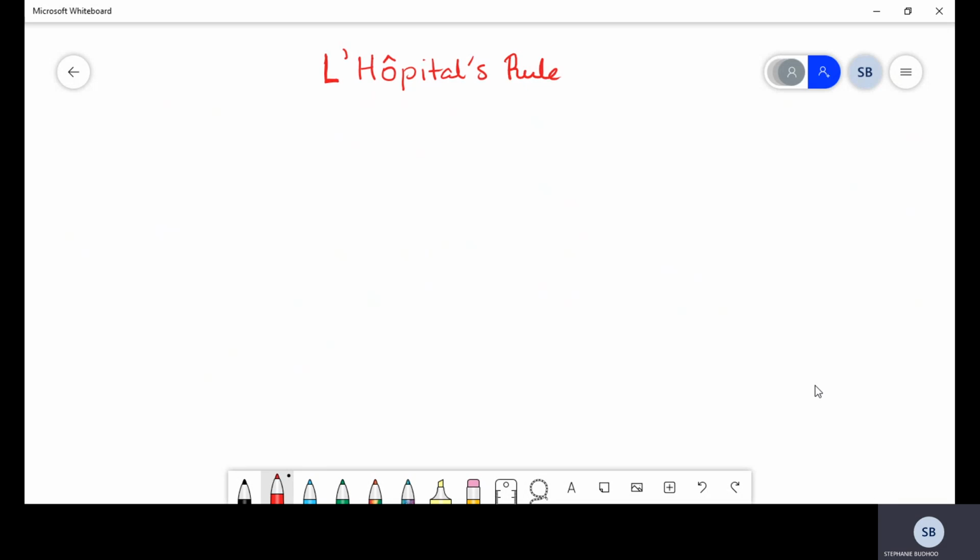So this is supposed to be covered in Unit 1, but if it was not touched upon, L'Hopital's rule is simply applied. When do you apply it?